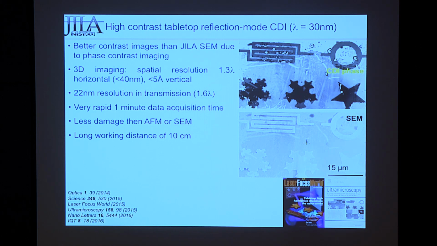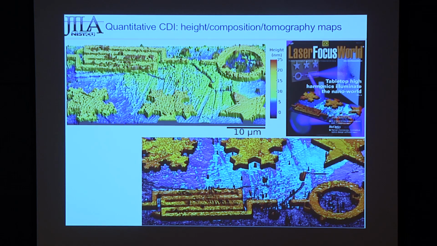And we can have a very long working distance. This is a very nice aspect of coherent imaging. The spot size can be 1 to 10 microns, so you don't need super tight focusing, and it's really nice to have that capability. And in fact, this is a color map.